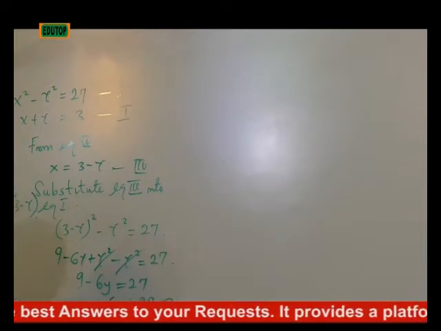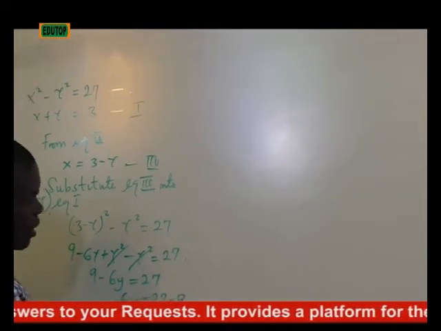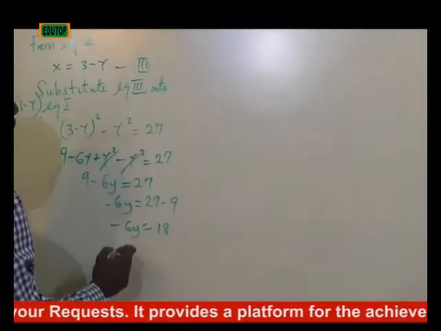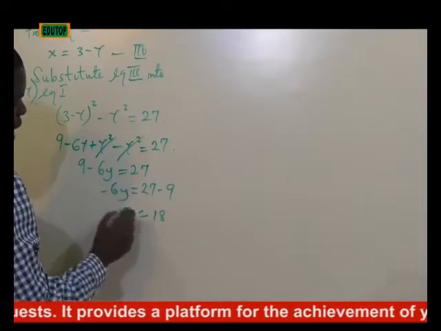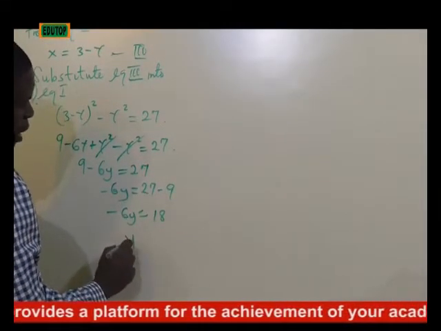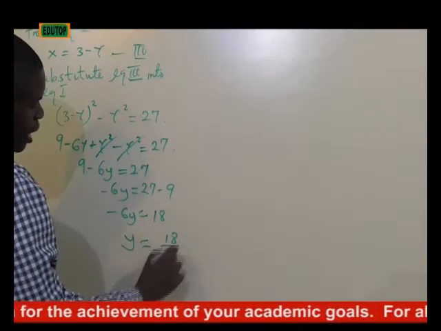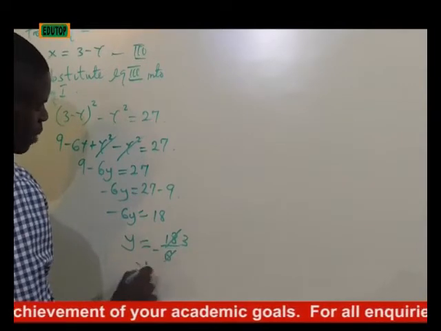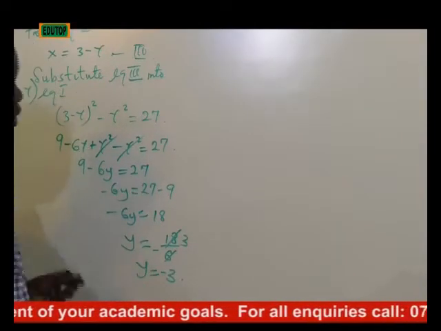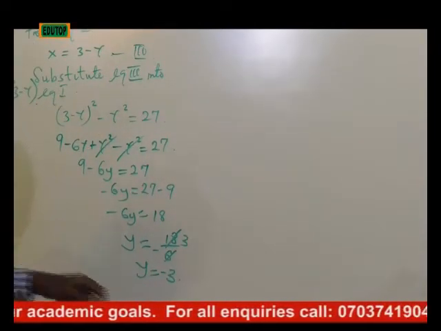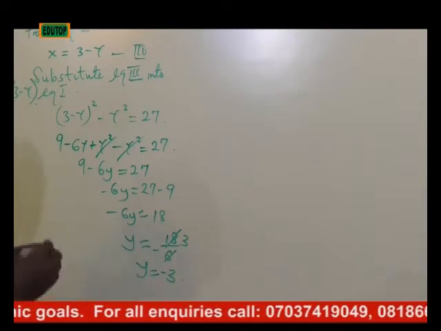Then here we can divide both sides by minus 6. If we divide this by minus 6, we are going to have y, and if we divide this one by minus 6, then this one becomes 3. That's y now becomes minus 3. So being able to calculate our y to be minus 3.